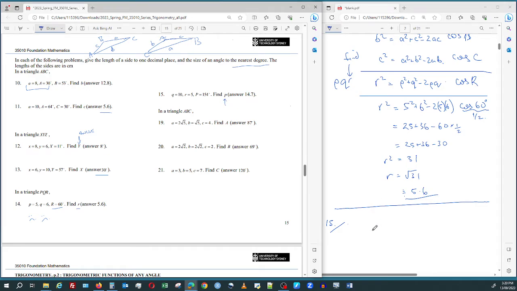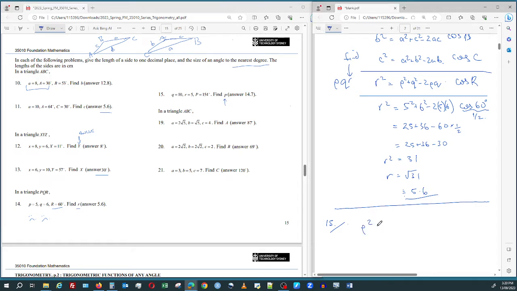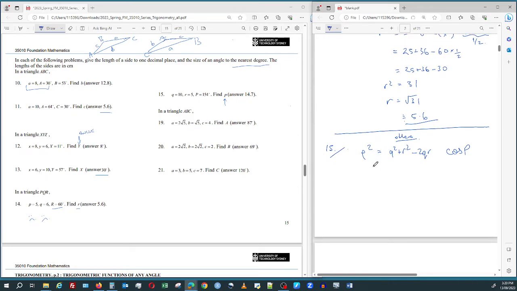So P squared is equal to cos P. So there you go. Then it's the others. Q squared plus R squared minus 2QR. Oh, we got there. The others. Does that help? So we can put it in.